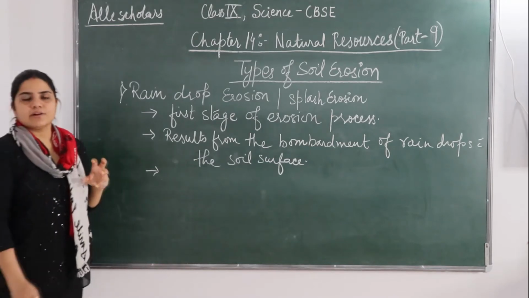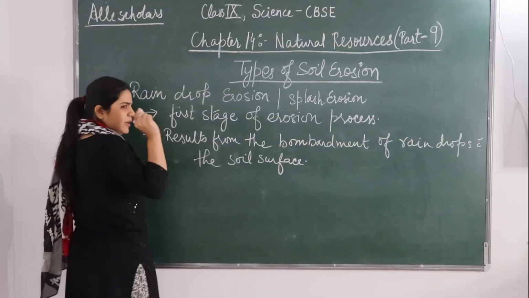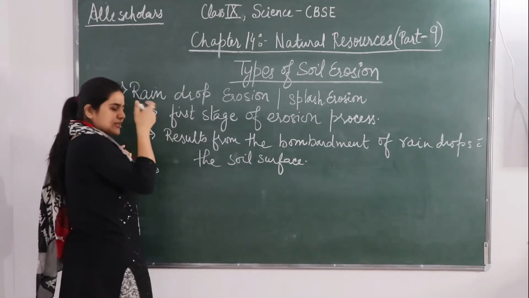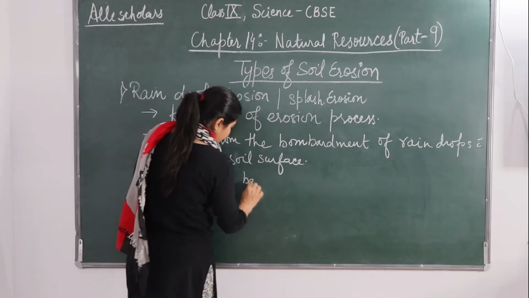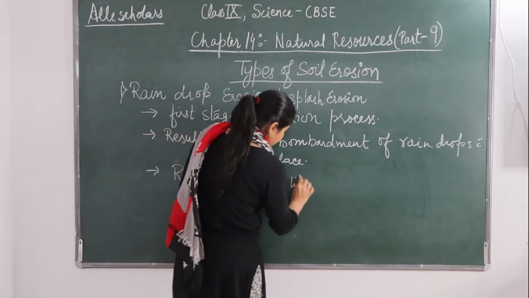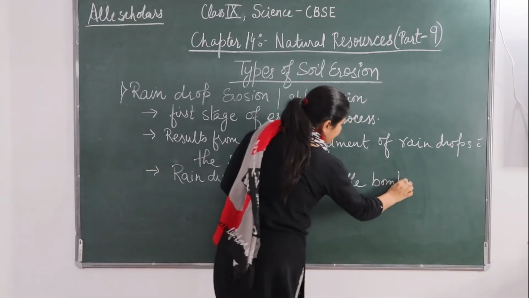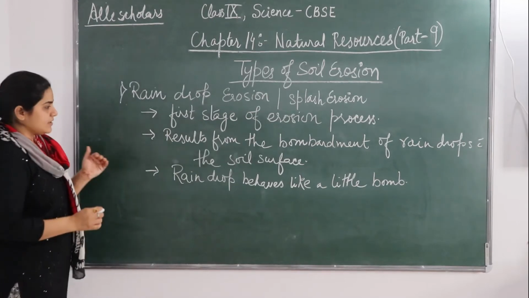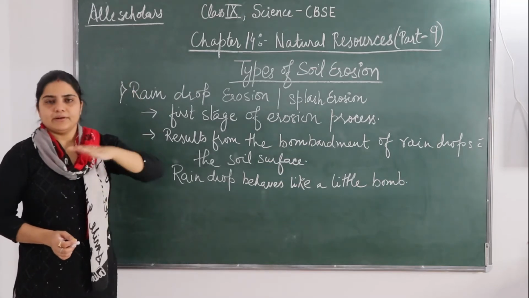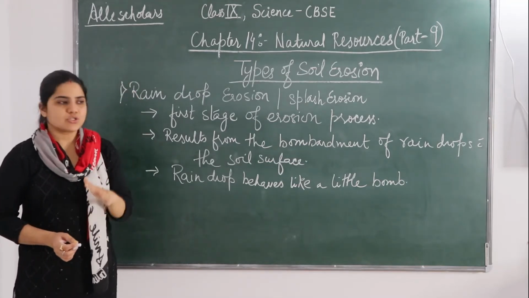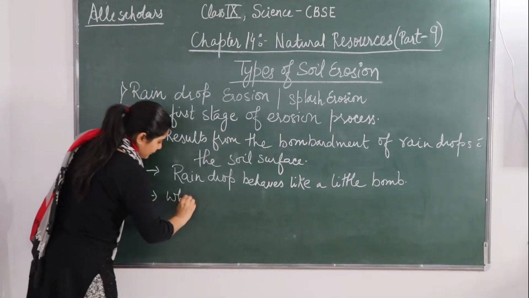Next, raindrops behave as a bomb. How is it behaving? It is behaving as a little bomb, because raindrops are small, so it is like a little bomb. When it falls on a bare soil or an exposed soil, it displaces the soil particles.